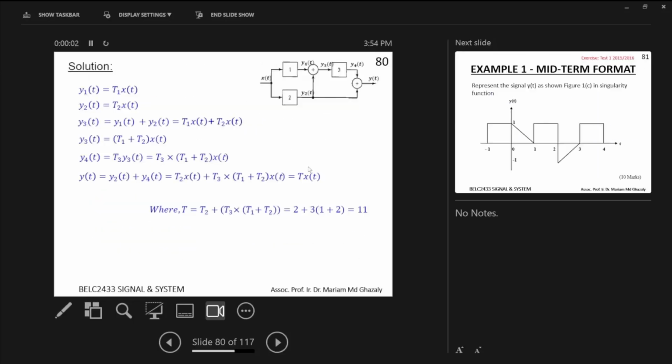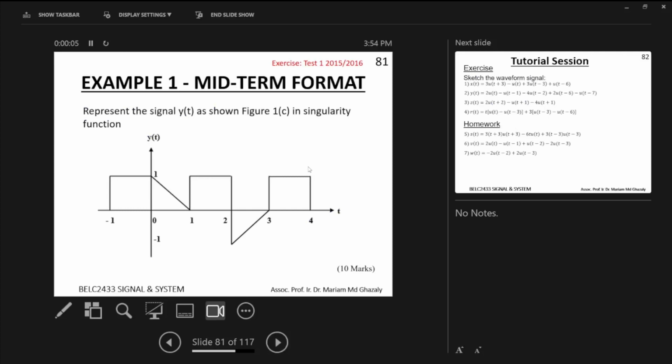Example: present the signal in singularity function form. Singularity function means you give any signal, you get an equation. Make segments. What is the first segment? If you want to get this, first it starts with a ramp unit step with t+1.